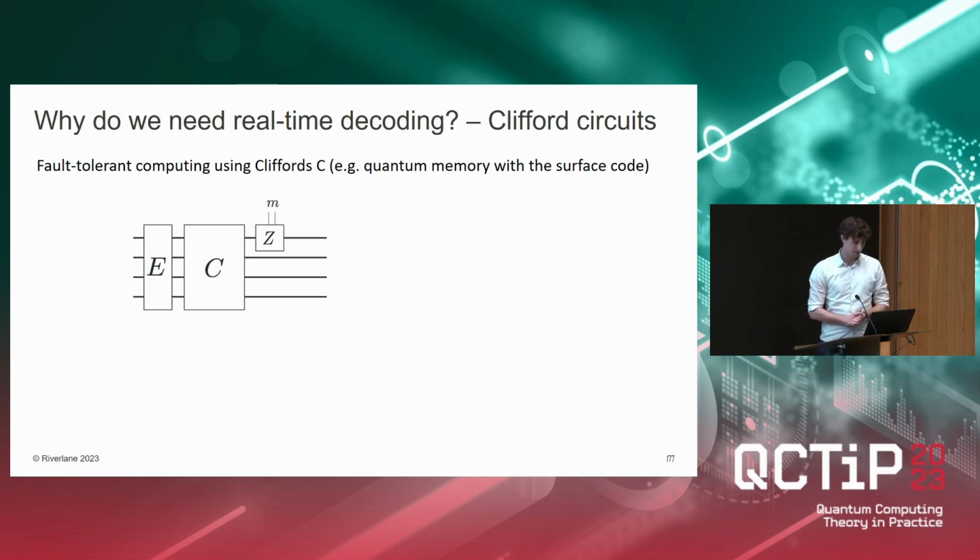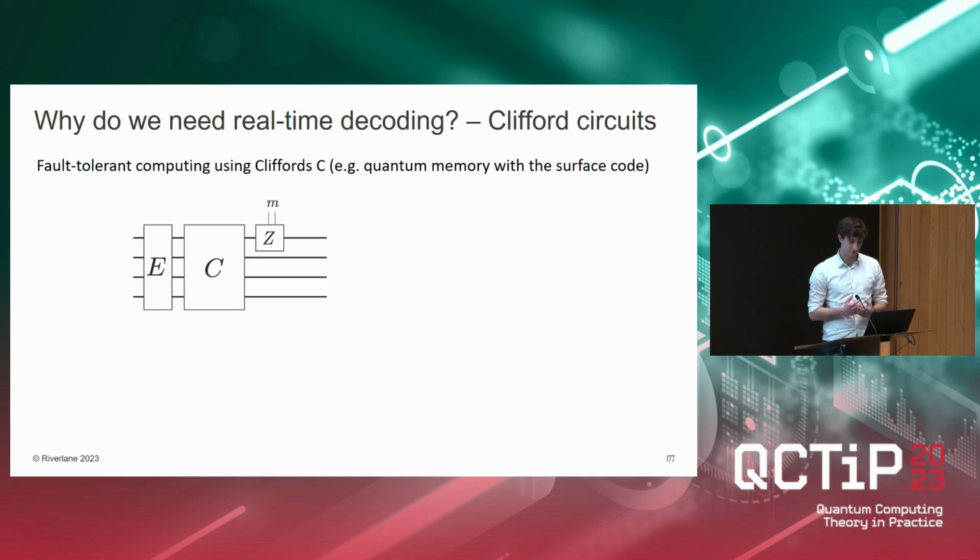So why do we need real-time decoding? Well, we'll first consider Clifford circuits, which include situations like quantum memory that was shown before. When I'm showing circuits here, I would just like to mention that the lines are always logical qubits that are represented by, say, surface code patches and potentially consist of many physical qubits.